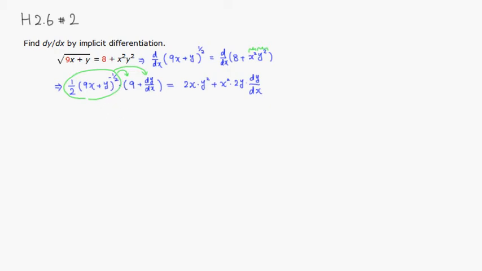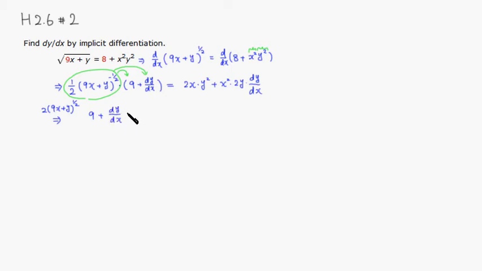All right, so I'm going to multiply by 2. Then you have 9x plus y to the 1/2 power. That way I can cancel the 1/2 and the 9x plus y to the negative 1/2. So you're left with 9 plus dy over dx.